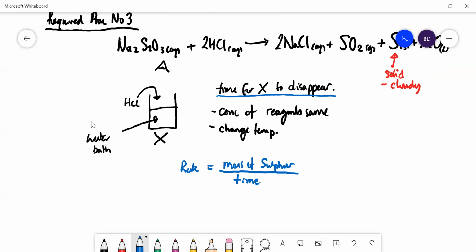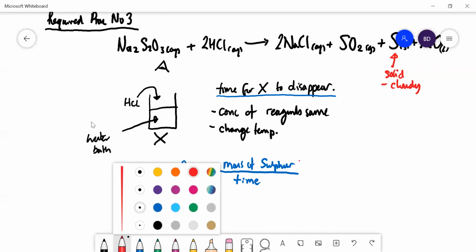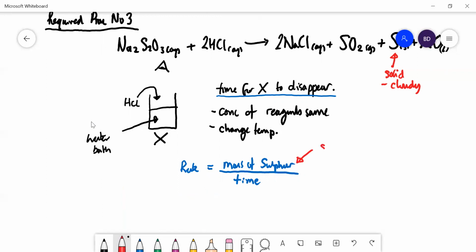So how do we measure the rate here? Well, we're presuming that this remains constant. So you have the same mass each time to obscure the x. So that number is the same, so that's a constant.